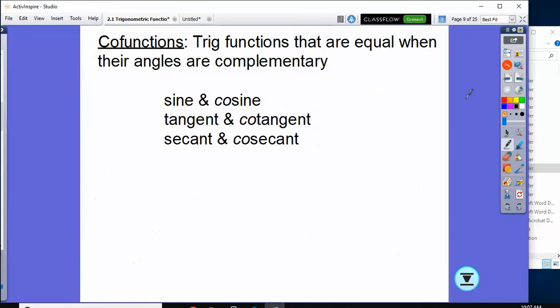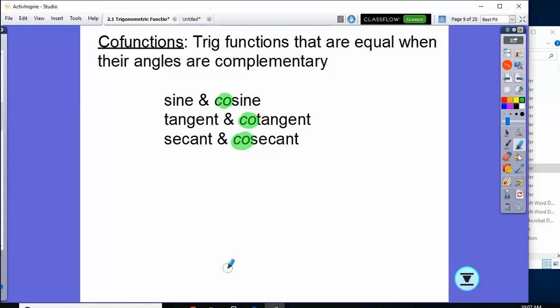We also want to talk about cofunctions today. So this tells us something about our trig functions. Cofunctions are trig functions that are equal when their angles are complementary. And the cofunctions: sine goes with cosine, tangent and cotangent, secant and cosecant.